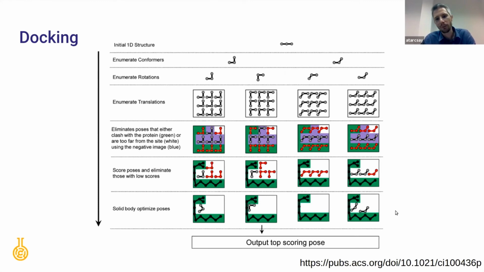So this is the prototypical way how a grid-based search works for docking.